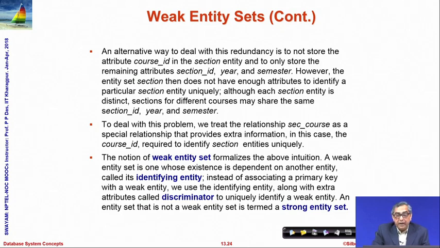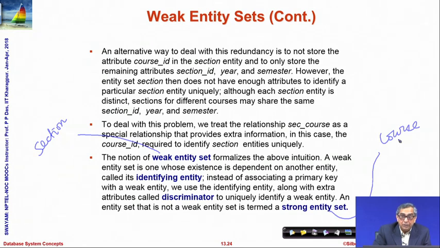So, we have a relationship between a weak entity set, which is section. We have a strong entity set, which is course. Why is it strong? Because course is identified by course ID itself.